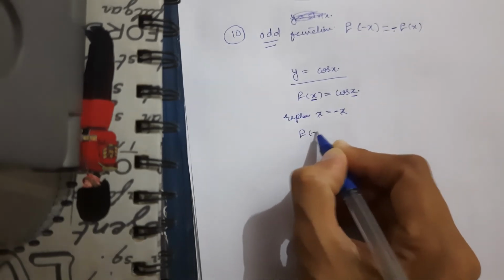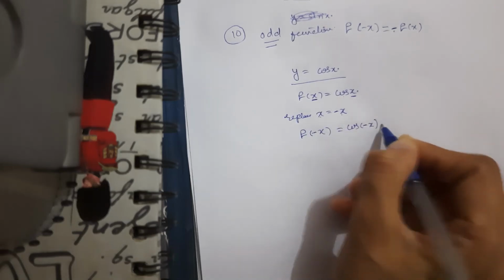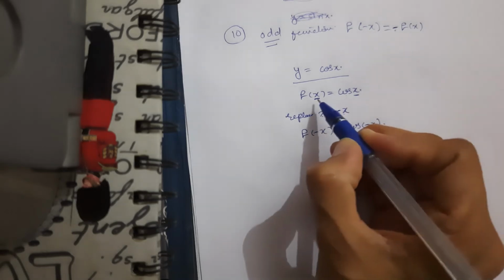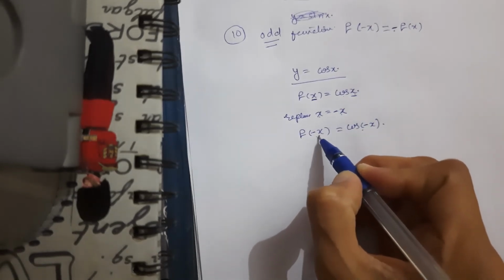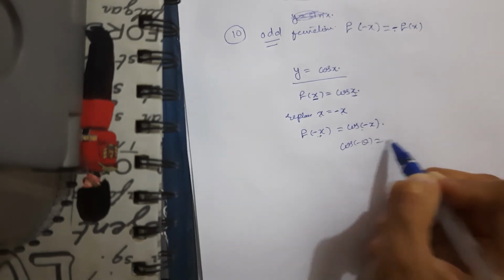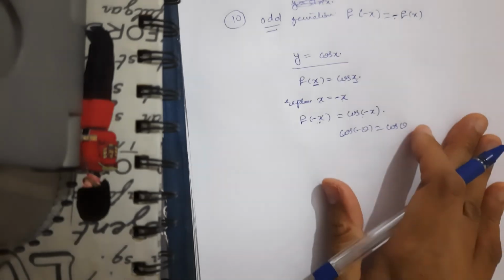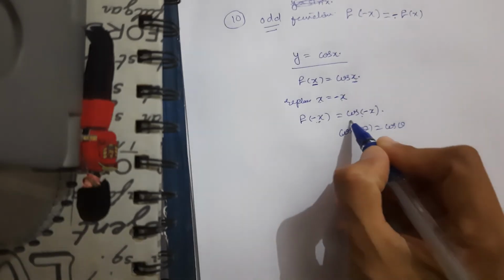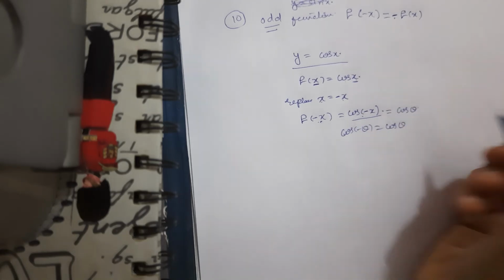So f of minus x equals cos of minus x. What I did was just change this x with minus x, so I get the value of f of minus x. Now we all know that cos of minus theta equals cos theta again. This minus sign is absorbed in the cosine angle. So what will be the value of cos minus x?